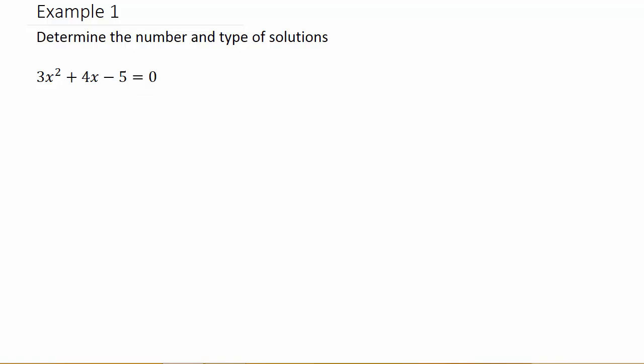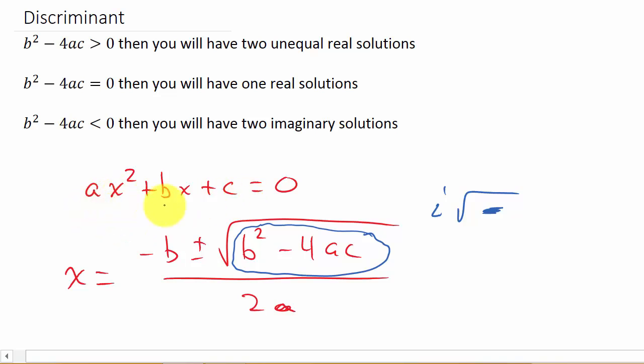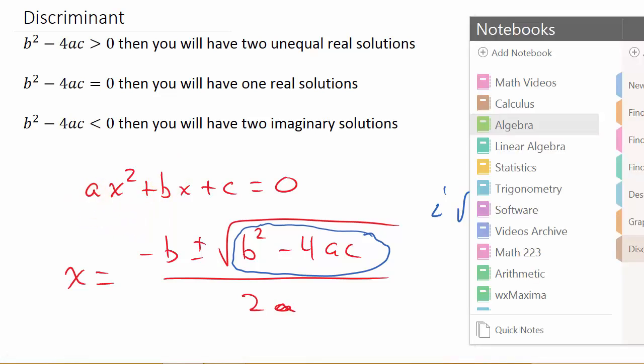We want to determine the number and types of solutions. I need to calculate b squared minus 4ac. You can see from our equation, a is the number in front of x squared, b is the number in front of x, and c is your constant. And it all has to be on one side of the equal sign, set equal to 0.